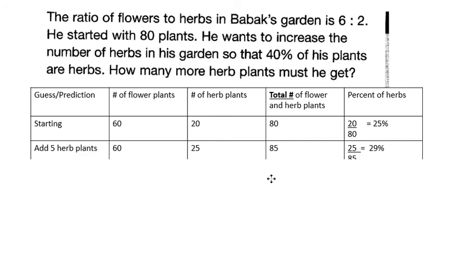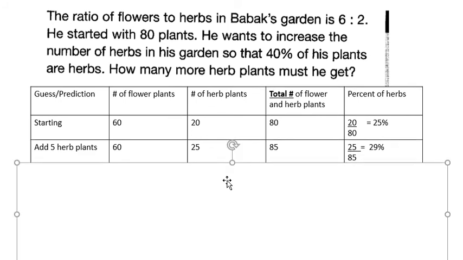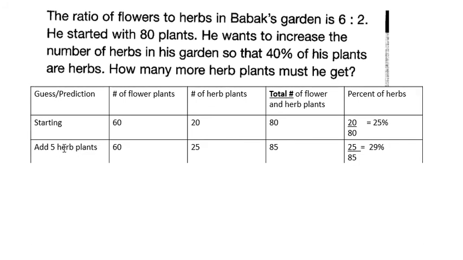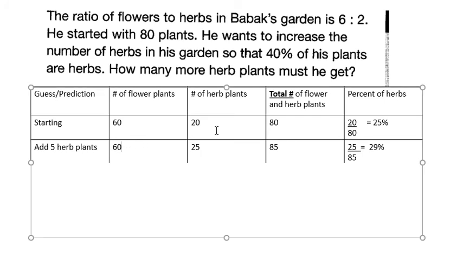So let's move now to adding 5 herb plants. If I added 5 herb plants, I'm not changing my number of flower plants, so my flower plants stay at 60. However, when I started off with 20, adding 5 gives me 25 herb plants.